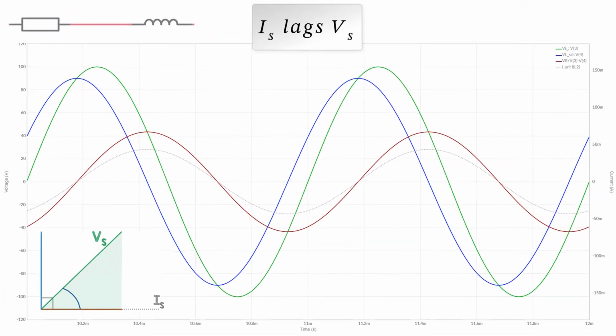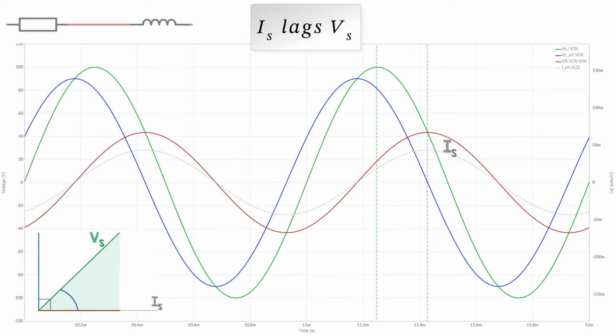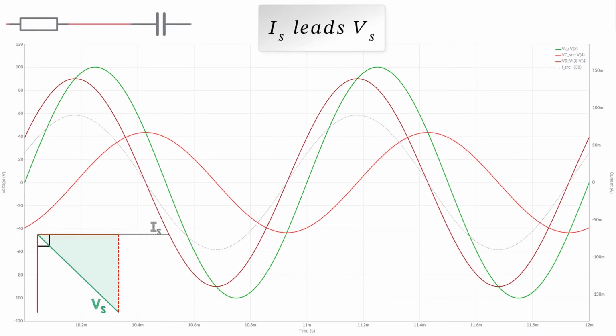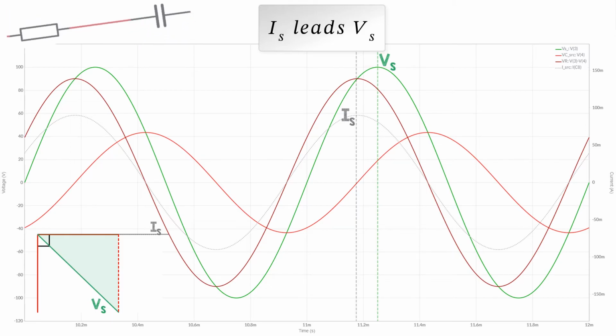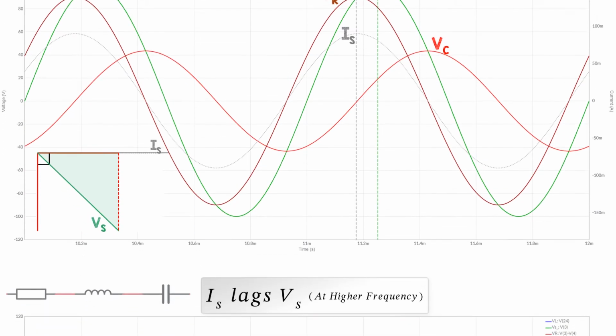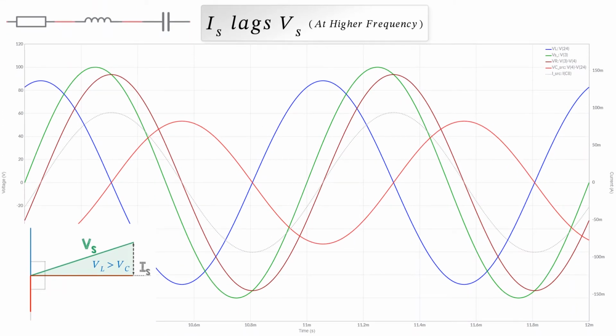So going back to our RL, we can see that the supply current lags the supply voltage for an RL circuit. That's always true. For our RC resistor capacitor circuit, the supply current leads the supply voltage, and that is always true as well. For the series RLC, the lag or lead of the current depends on the frequency.